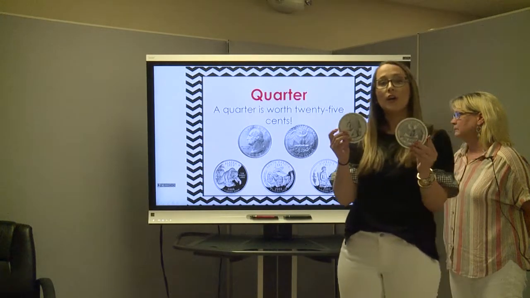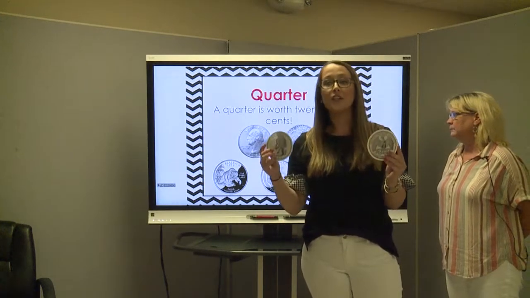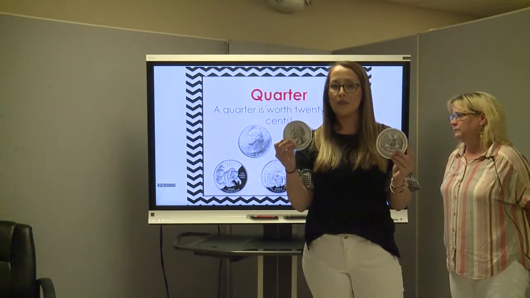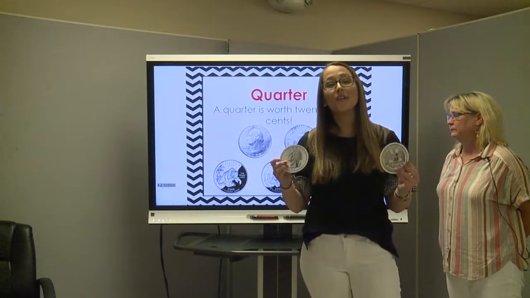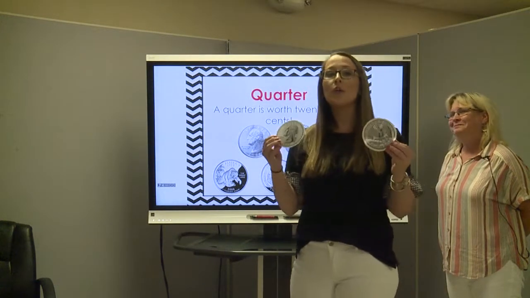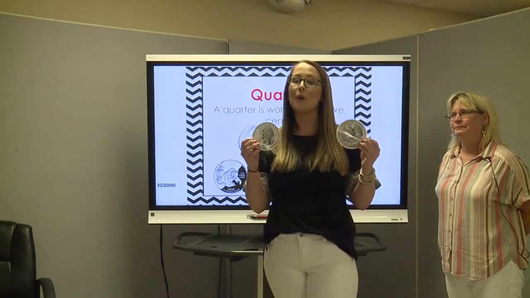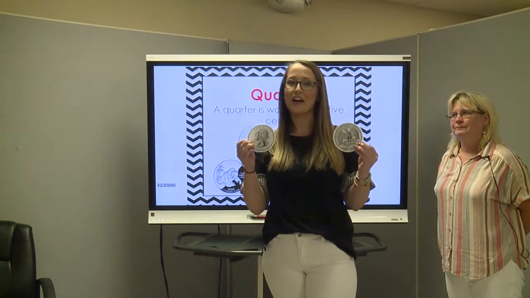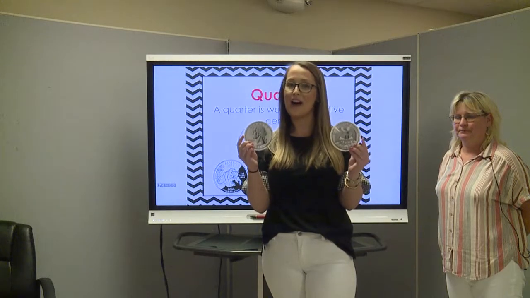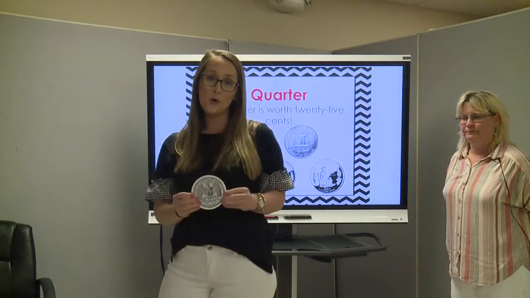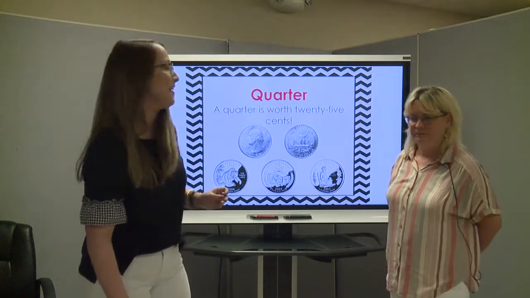Now, a quarter is the biggest coin that we're going to talk about today. It has rough edges and it has a value of 25 cents. So, when you count quarters, you have to count by 25s. Not just 5s, not just 10s, but 25s. And that is the last of the coins that we're going to be talking about today.